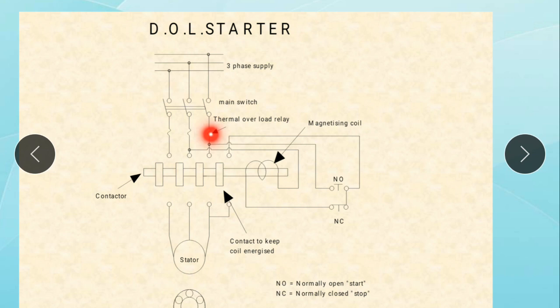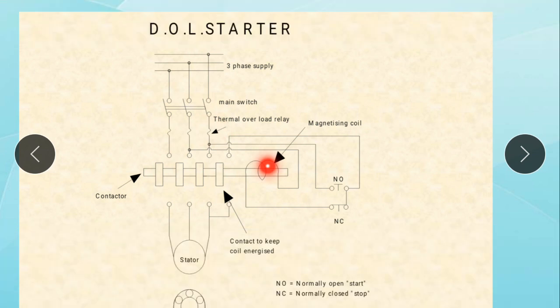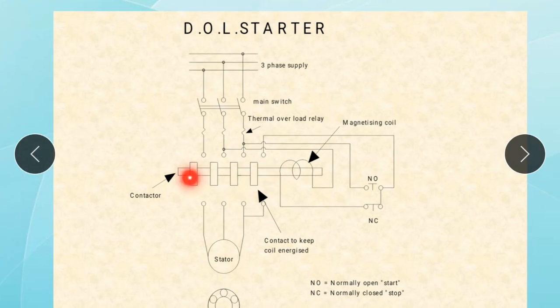And here thermal overload relays are used. And this one is the magnetizing coil. This is the contactor, connected to this one, and here this is also a magnetizing coil.